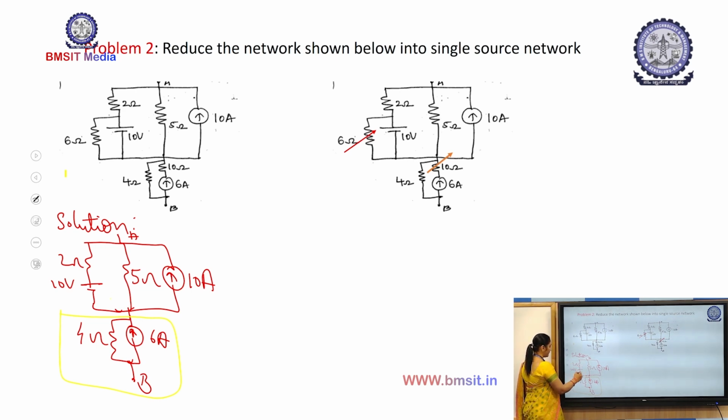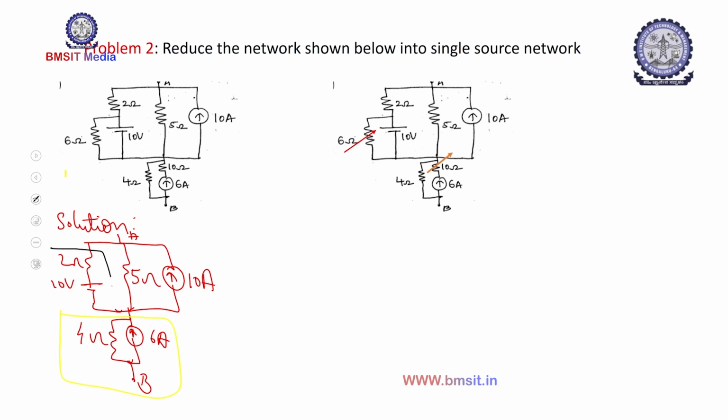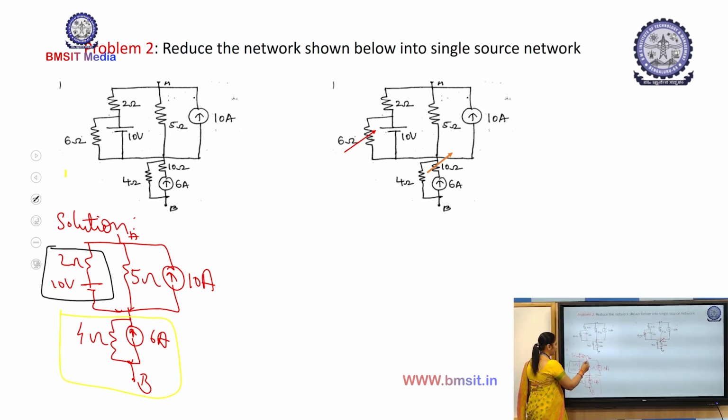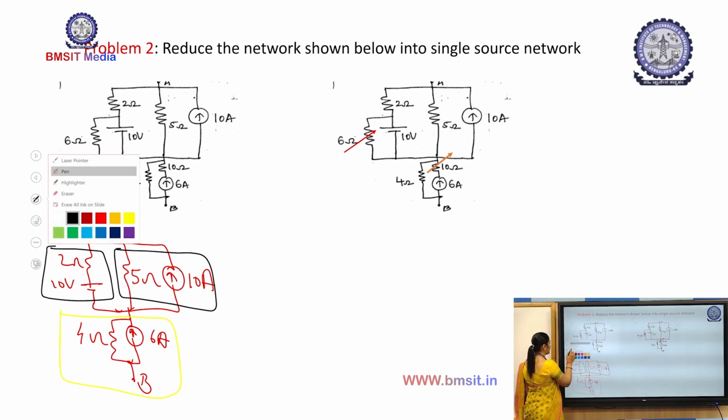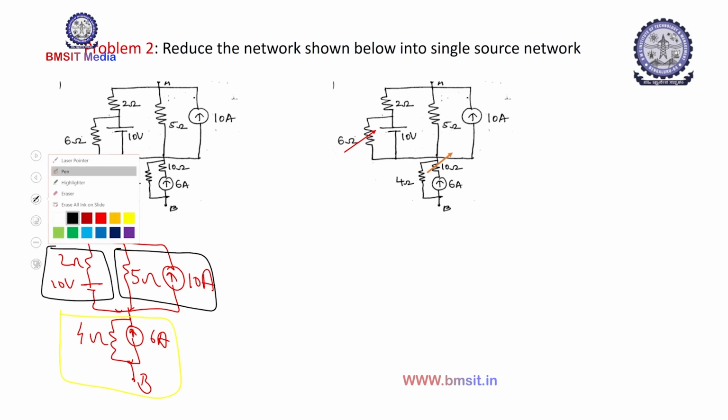And this is also a practical voltage source. And this is also a practical current source. We can reduce at a time, but since we are learning for the first time, we'll go step by step. So we have terminal A.